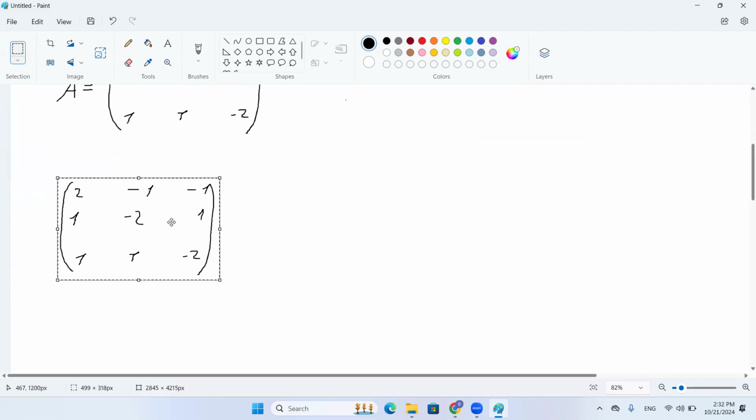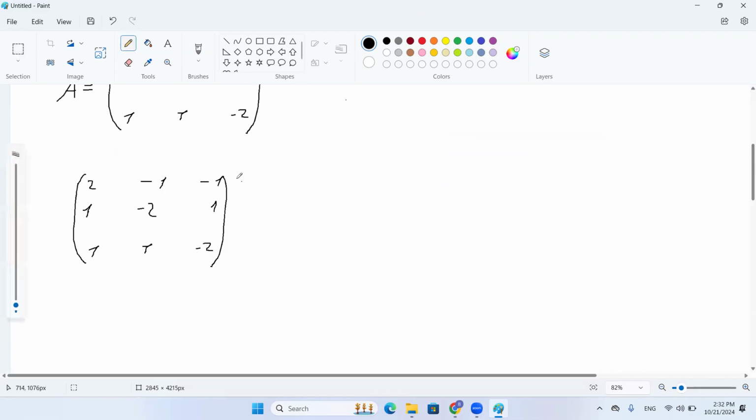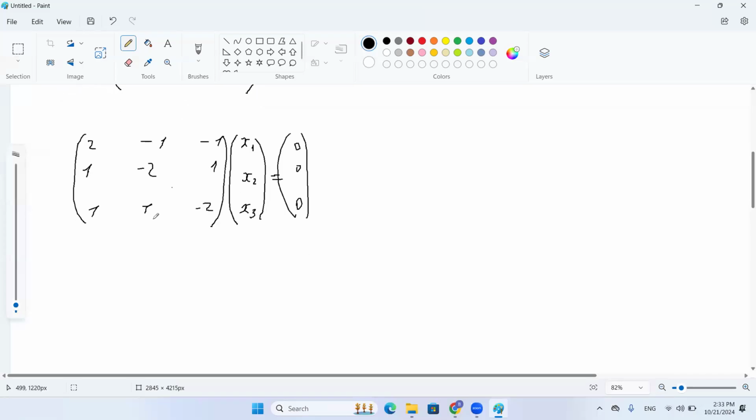Let's do it. How to do it? We just need to solve the homogeneous system of equations. Actually, we have the definition of kernel in a matrix form. So we need to find x1, x2, x3.